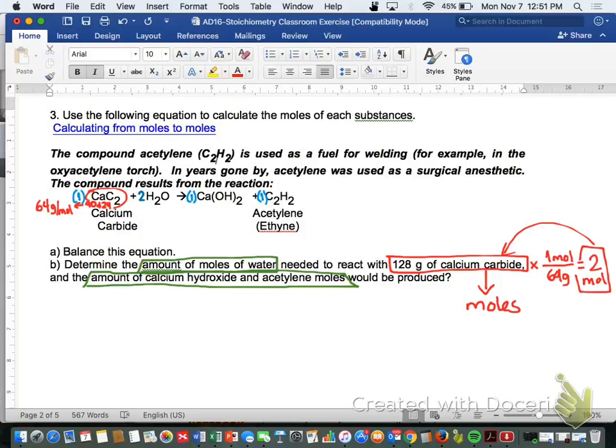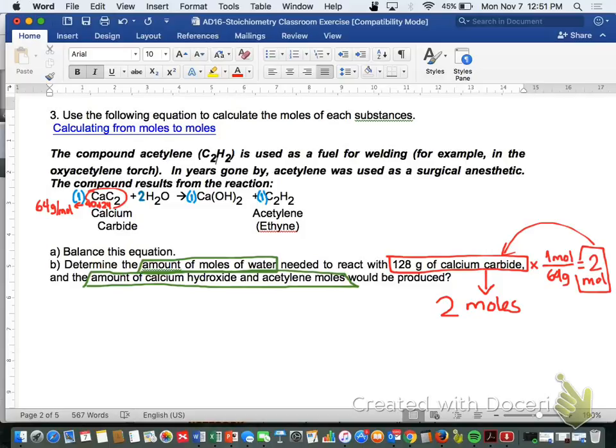The 2 moles of H2O is the 2 that I got from balancing the reaction. If I have 2 moles of calcium carbide, how many moles of the other substances do you need, or how many moles will be produced? 1 of each?